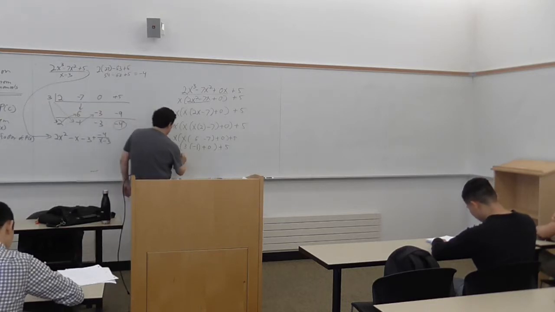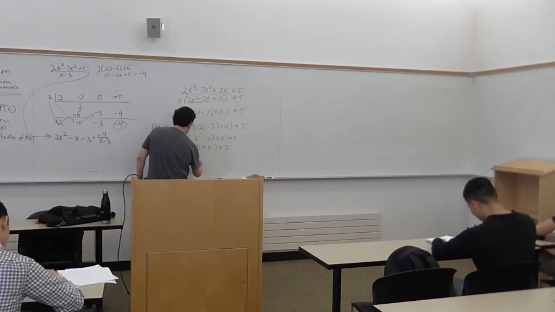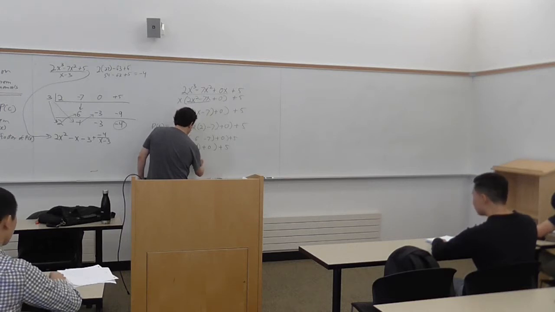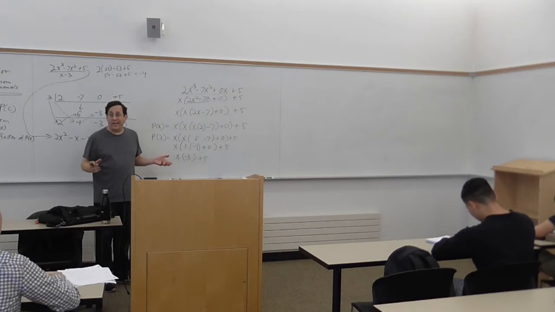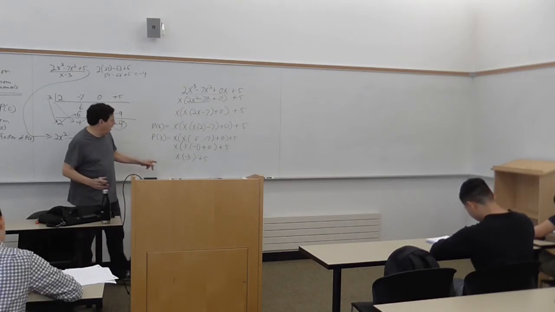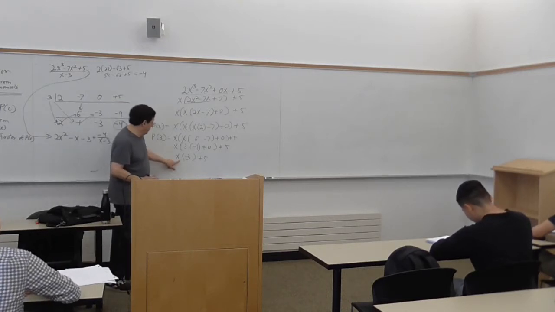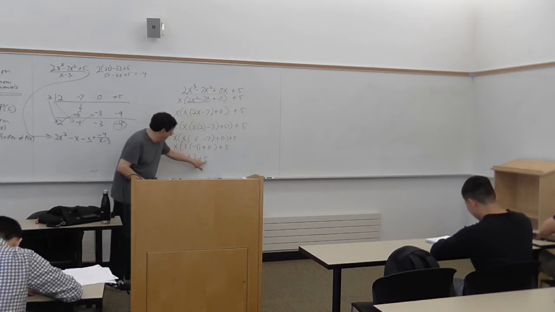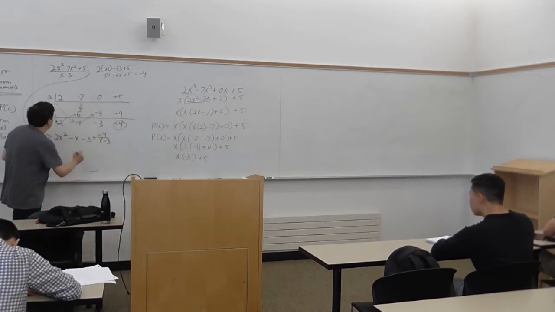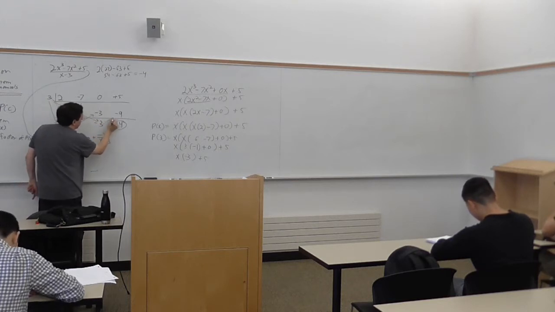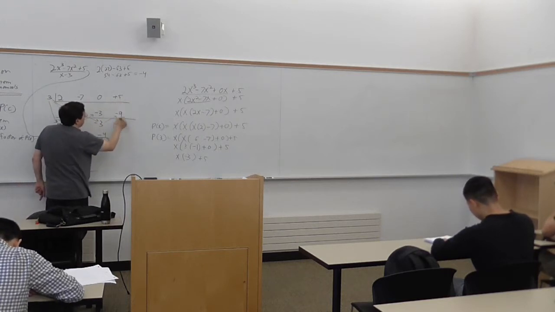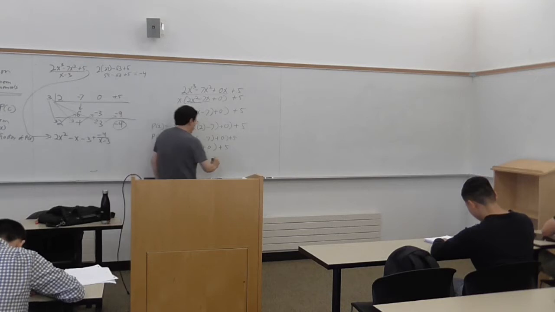Okay. X 3 minus 3 plus 5. And now finally I'm going to plug in 3 the last time. 3 times negative 3, and then I'm going to add 5. 3 times negative 3, I get negative 9. Add 5, and I get minus 4.